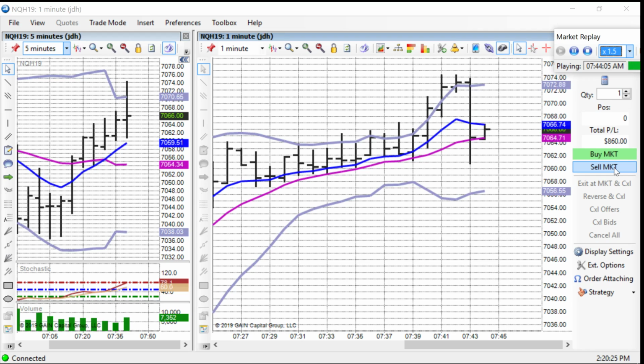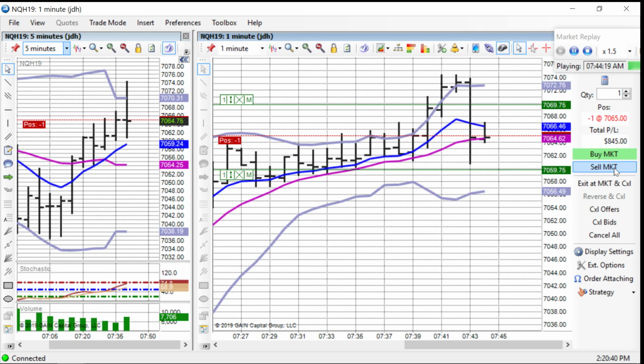Okay, wait for it to come back through. Let's see if it bounces off that. I've got my mouse on the sell button in case it comes back through that closing price there. Yeah, let's see how that works out.